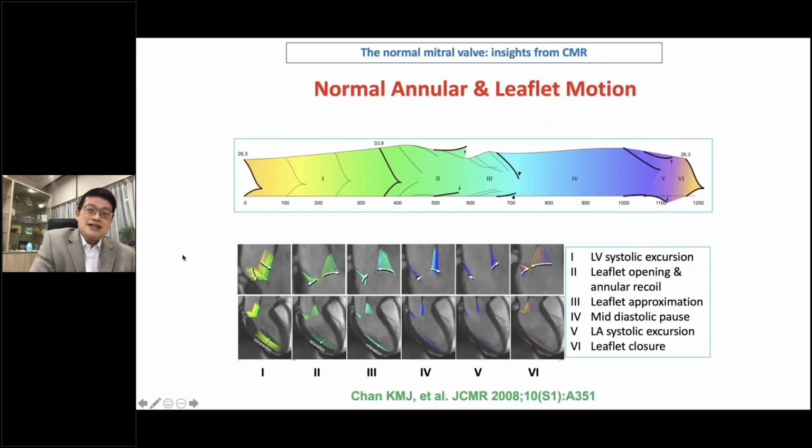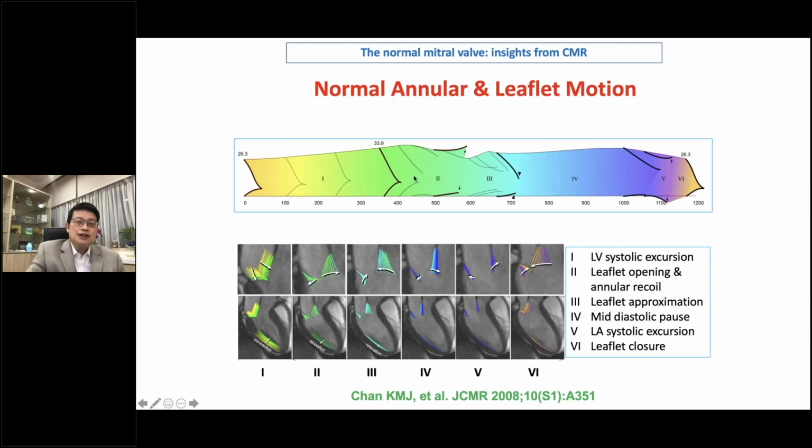Some time ago, I had the opportunity to study in detail the normal annular and leaflet motion of the mitral valve during the normal cardiac cycle. And our cardiologists will know this from echocardiography. But if you look at it in detail, and this was a study using cardiac magnetic resonance, the mitral valve annulus is a dynamic structure.